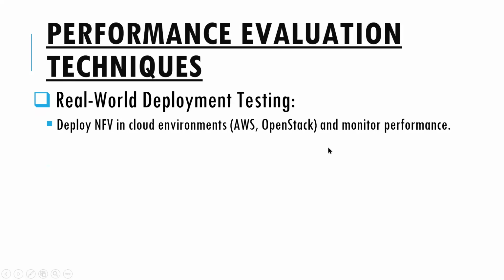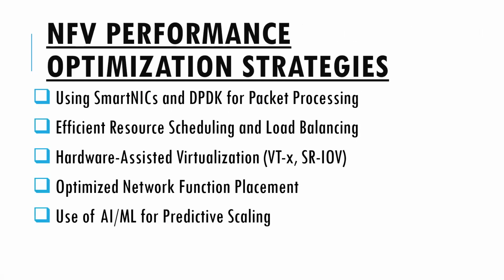As I said, AWS is used for monitoring performance in real-world deployment testing. NFV performance: high CPU overhead is not used, and the CPU and memory consumed by virtualization is low.